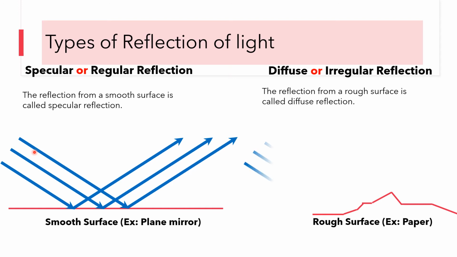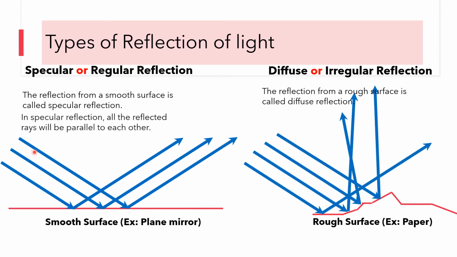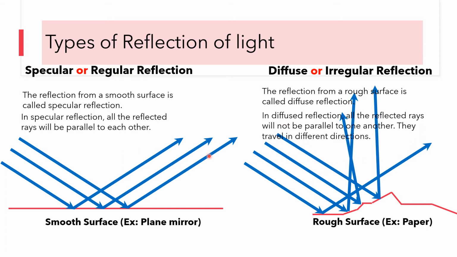In the specular reflection, all the reflected rays will be parallel to each other, whereas in the diffuse reflection, the light rays are not parallel to one another after reflection. They travel in different directions.